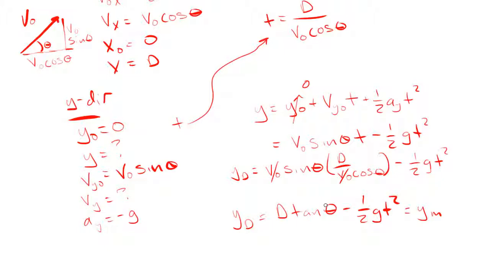You always hit the monkey if the monkey lets go at the exact same time as you fire the dart, directly at it. Doesn't matter what the velocity is, which is kind of crazy, right?